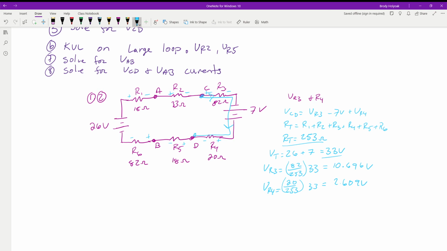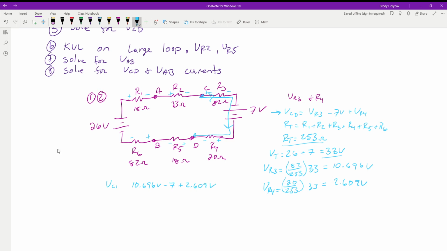So then we're going to come back to our VCD formula that we solved for earlier. So we have 10.696 volts minus 7 plus 2.609 volts.